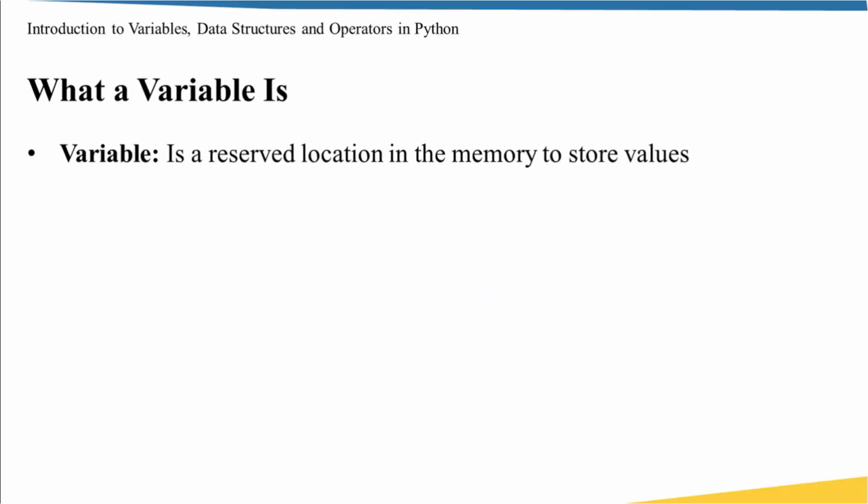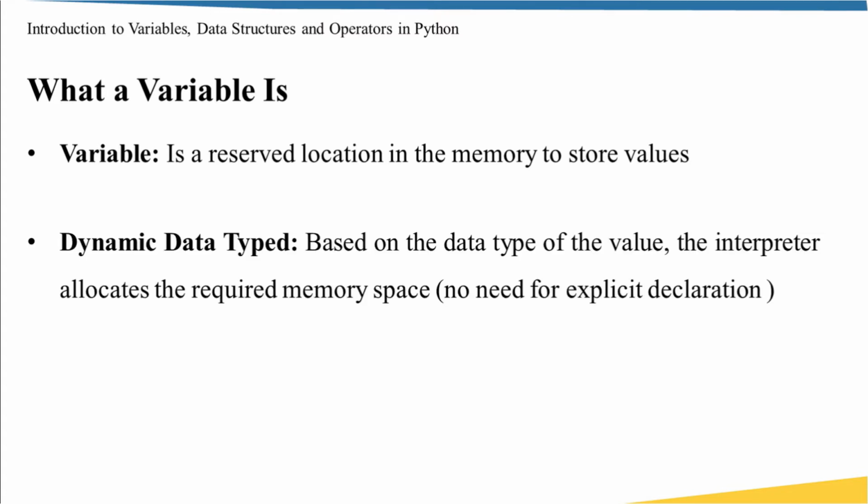What's a variable? Variable is a reserved location in the memory to store values, and the value could be of any type, like an integer, a float, a string, or any other supported data structures in Python. The good news is that Python is dynamically typed, which means based on the data type of the value, the interpreter allocates the required memory space, and there is no need for explicit declaration of the variable data type.